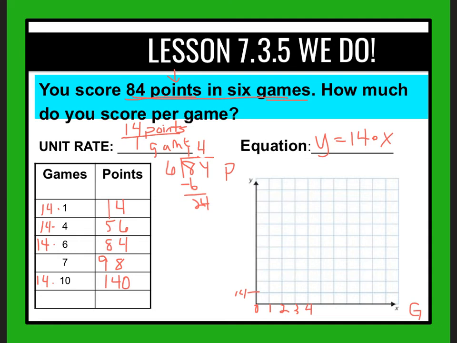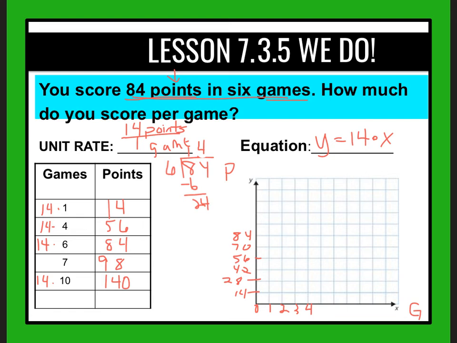So that's 14, that's 28, and then if I add another 14, that's 42 points. If I add another 14, that's 56 points. If I add another 14, that's 70 points. And then if I add another 14, that would be 84. So I'm going to go ahead and have an interval of 14 points.